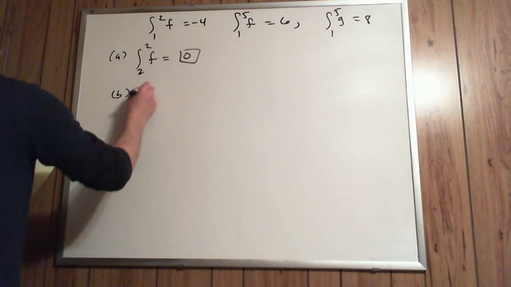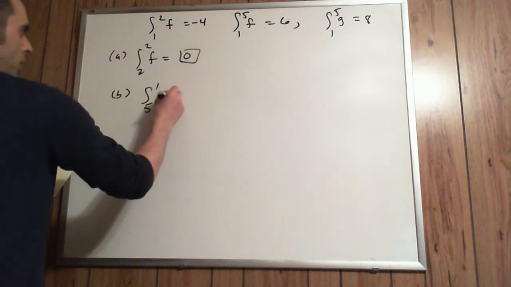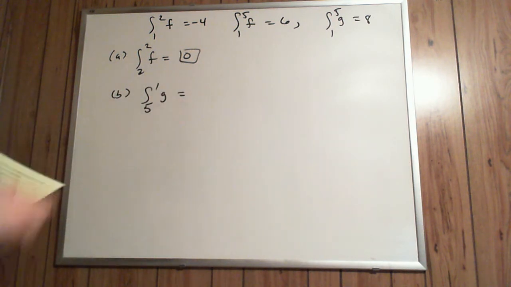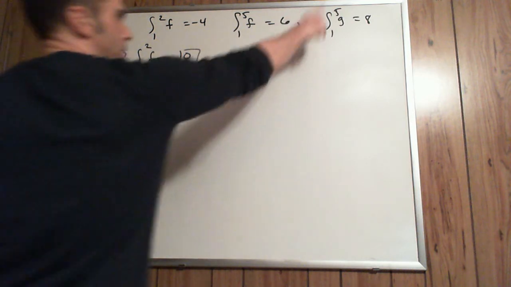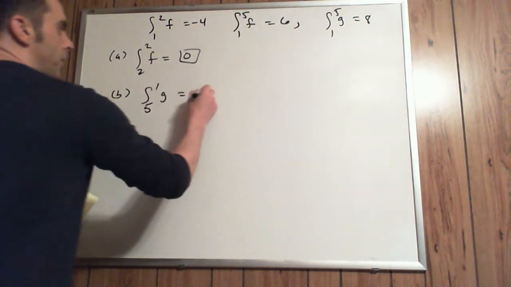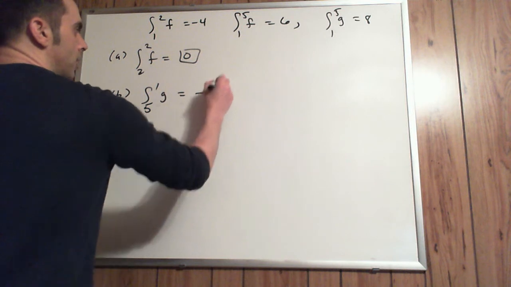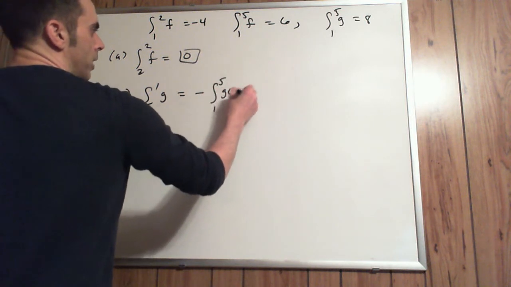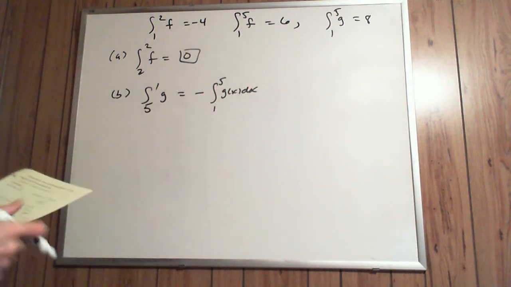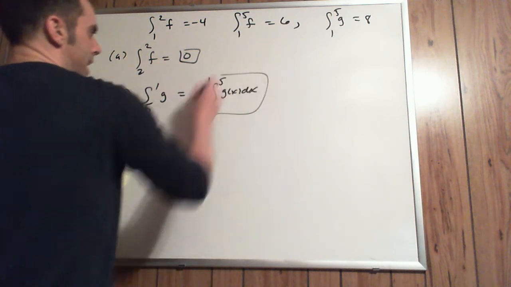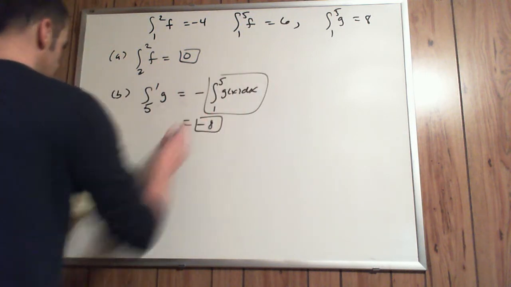In b, the definite integral from 5 to 1 of g, well, we don't have 5 to 1. We have 1 to 5. So if we flip it, we make it negative from 1 to 5 of g of x dx. And this signed value is 8 times a negative, which would be negative 8.